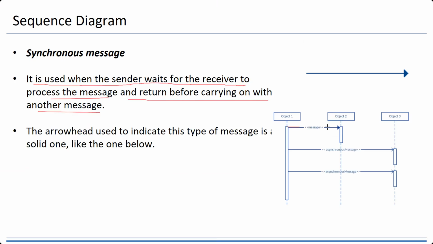So once I send a message, this object should give the reply or the response before another message. The arrowhead used to indicate this type of message is a solid one.